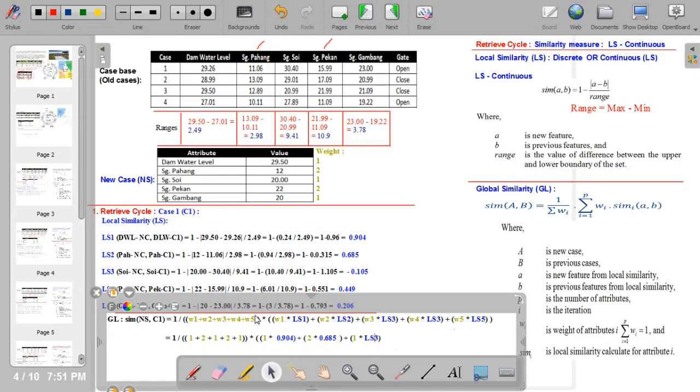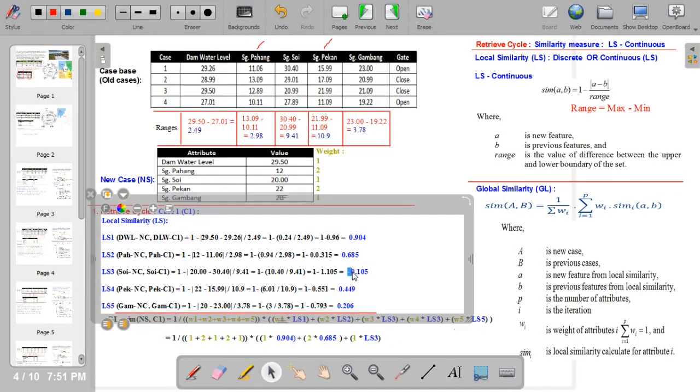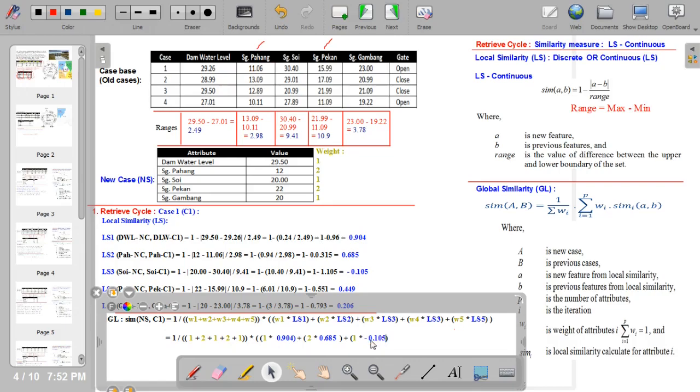The LS3 value is calculated here, so I'm going to take this one. Then plus this one, the fourth attribute, W4 is 2, right?